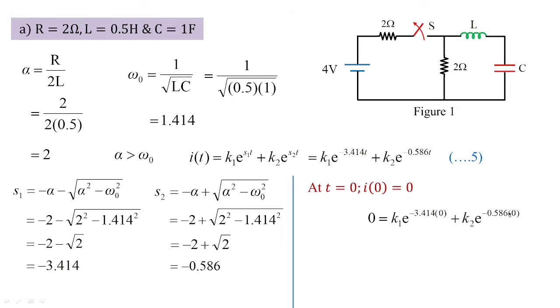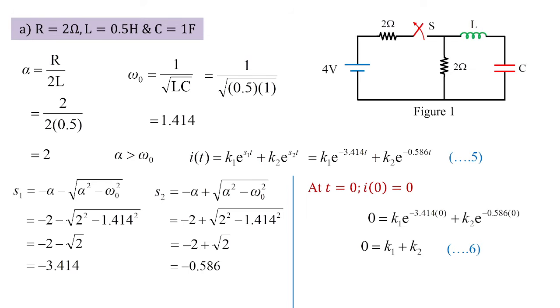This e to the power of values at 0 will give you the value as 1. So naturally we are left with 0 equal to k1 plus k2, and we will treat this as equation 6. I hope you understood this step from our initial conditions.